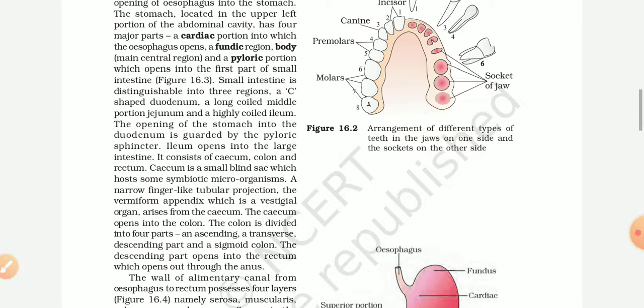The cecum opens into the colon. The colon is divided into four portions: an ascending portion, a transverse, descending, and a sigmoid colon. The descending colon opens into the rectum, and it opens out through the anus.